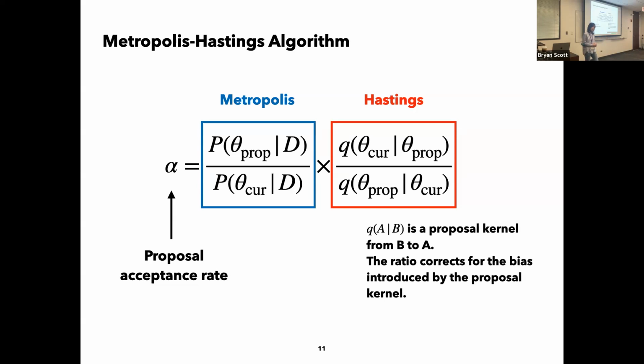But if you're correcting for the bias, then what's the point of using a biased kernel in the first place? Right. So, for example, I have a parameter of interest that is forced to be greater than 0. So we are making proposals.